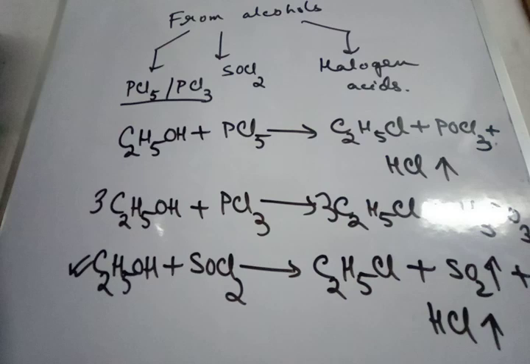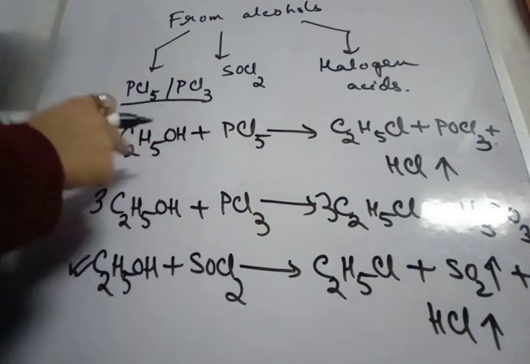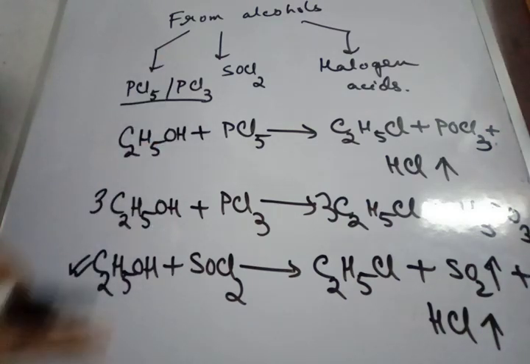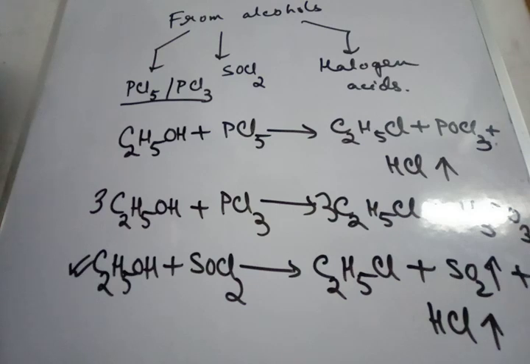Now one thing we need to know, that in case of phosphorus halides, this particular method gives good yield of primary halides, while secondary and tertiary alkyl halides are obtained in lesser amount. Okay. Now we move to reaction of alcohols with halogen acids.